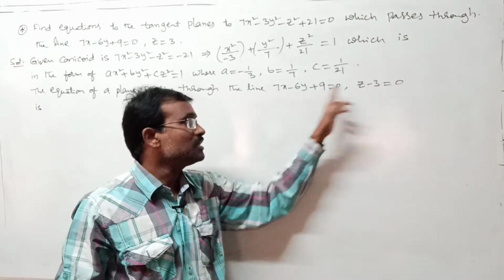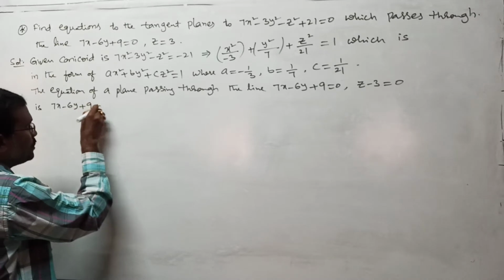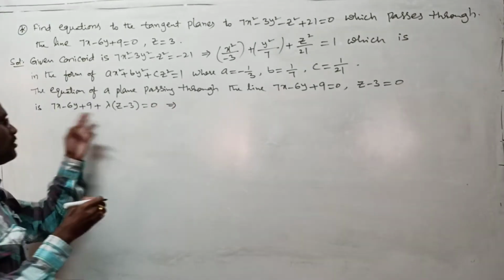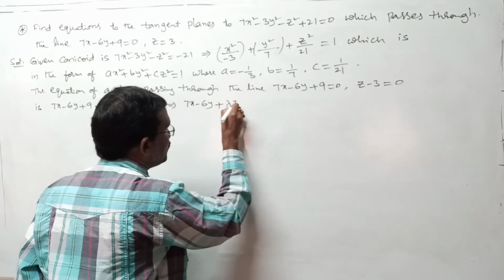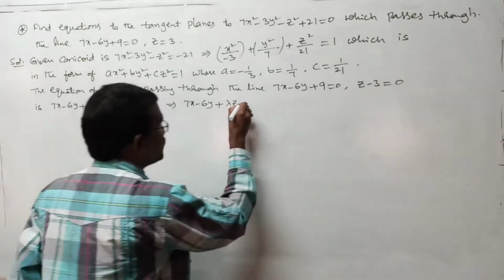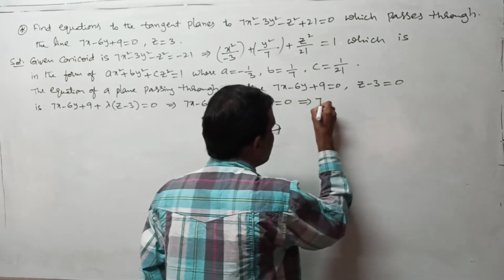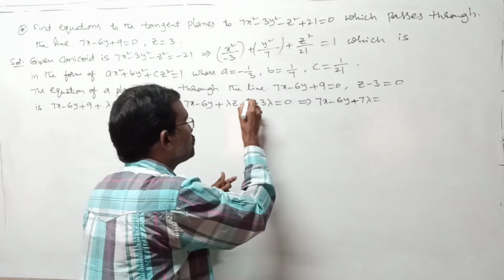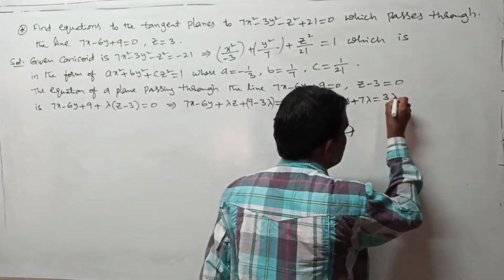In planes you know P + λQ = 0, so 7x − 6y + 9 + λ(z − 3) = 0. Writing it in the proper form, 7x − 6y + λz + 9 − 3λ = 0. Rewriting, 7x − 6y + λz = −(9 − 3λ), which is 3λ − 9.